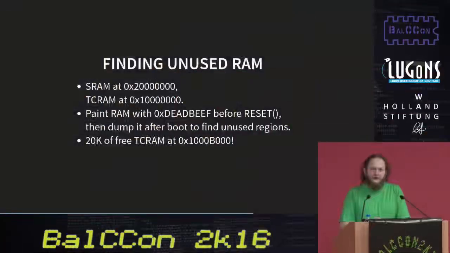And then after you've started the manufacturer's software, you then dump out all of the RAM over, say, USB. You then look for large continuous chunks of Goga Goga or Tsetsa Tsetsa, and you'll find that 20 kilobytes of the tightly coupled RAM are unused. So you tell your compiler to target this region, and then you can overlap your firmware with their firmware and have a completely functional combined application.